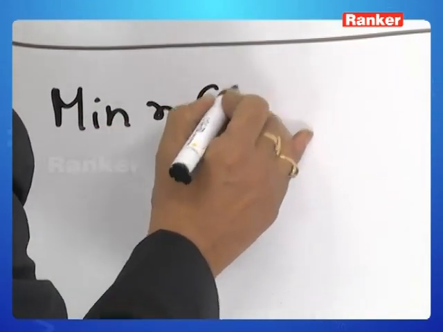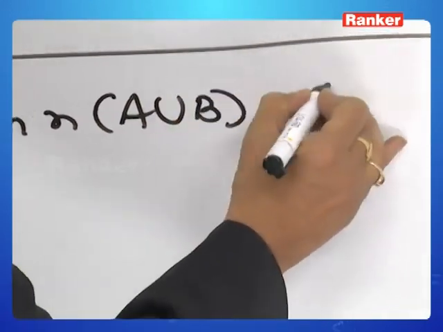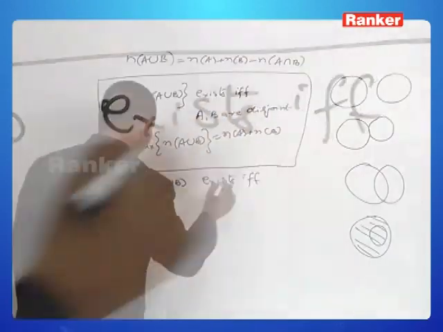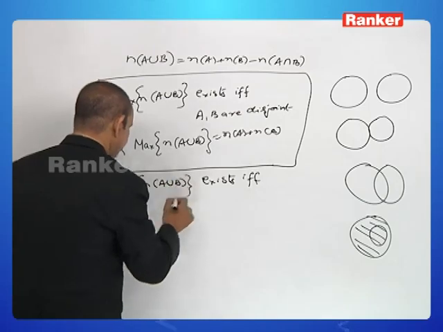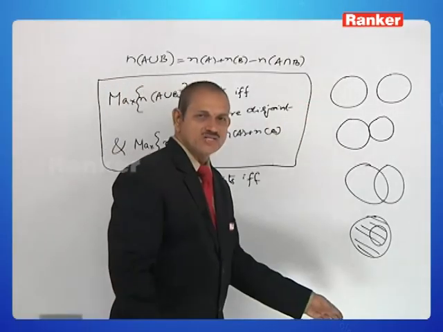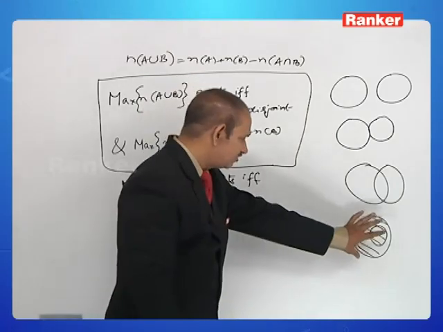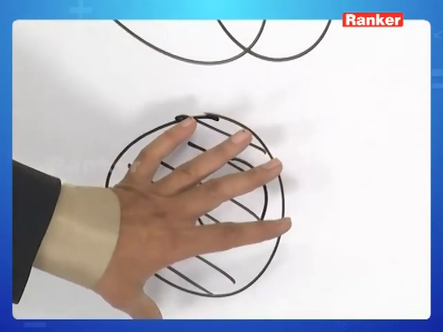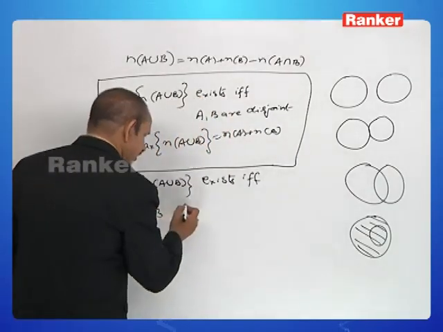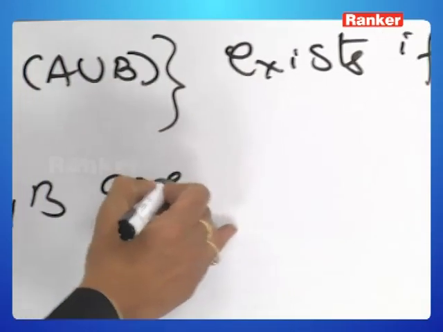The minimum of n of A union B exists if and only if, come on friend, observe the case. In which case do you have the minimum number? This is the case with the minimum number of elements in n of A union B. And that happens if and only if A and B are comparable.